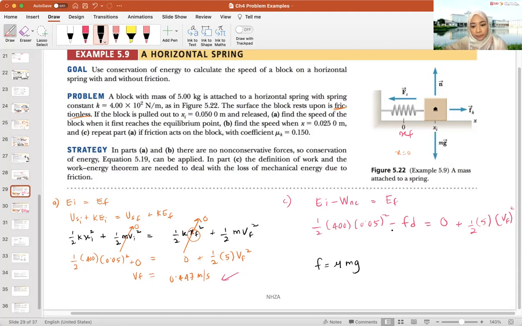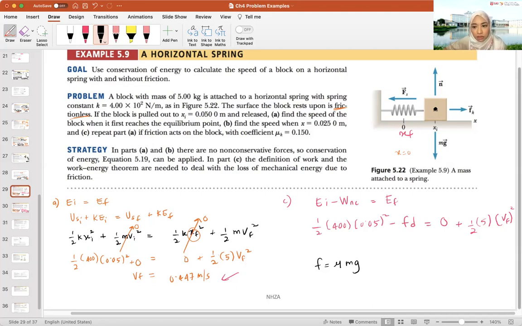What about our D? What is our D here? What should be the D? 0.05. Saya dengar tadi ada orang jawab 0.05. Yes, correct. It is 0.05.